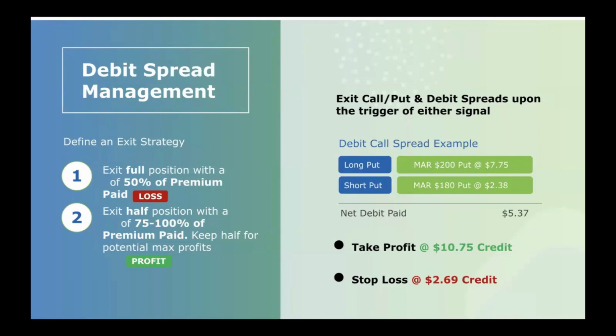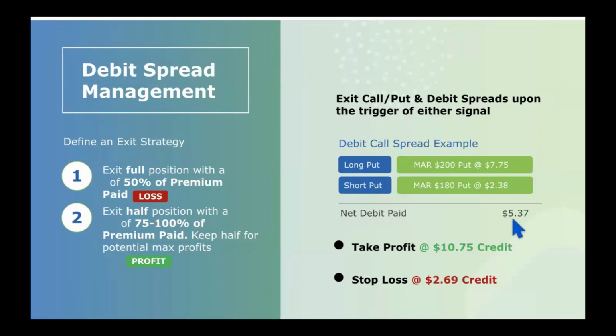So in this instance, if I put the trade on, I want to exit the position if I lose 50% of the premium that I paid for this trade.